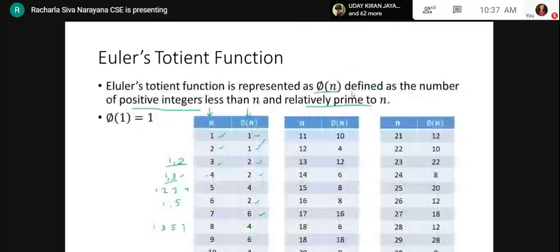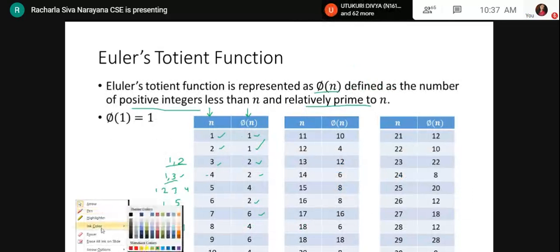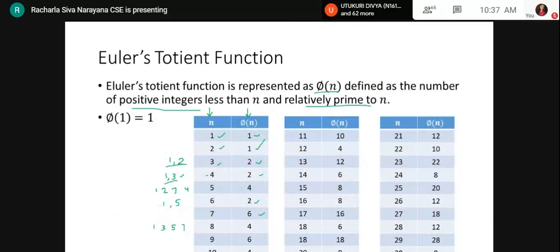So you observe here the prime numbers. For the prime number 3, we have 3 minus 1 relative primes. For 5, 5 minus 1. For 7, 7 minus 1. For 11, 11 minus 1. For 13, 13 minus 1.